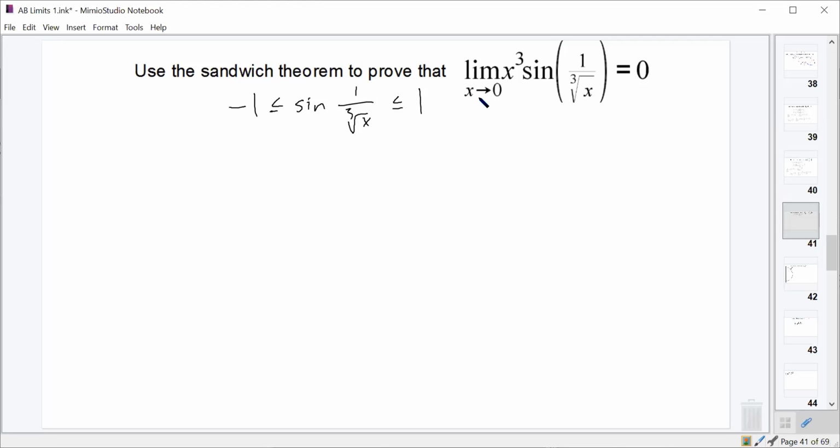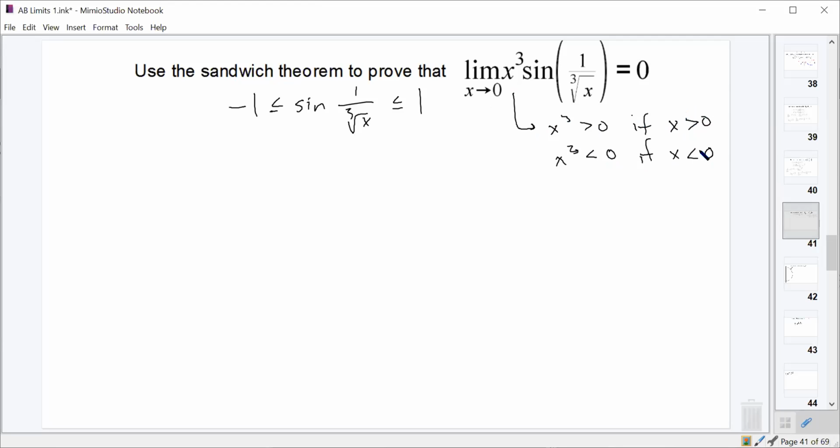We're going to have to split this up because there is a split on when x cubed is greater than 0. When is x cubed greater than 0? If x is positive. And when is x cubed less than 0? If x is less than 0, right?